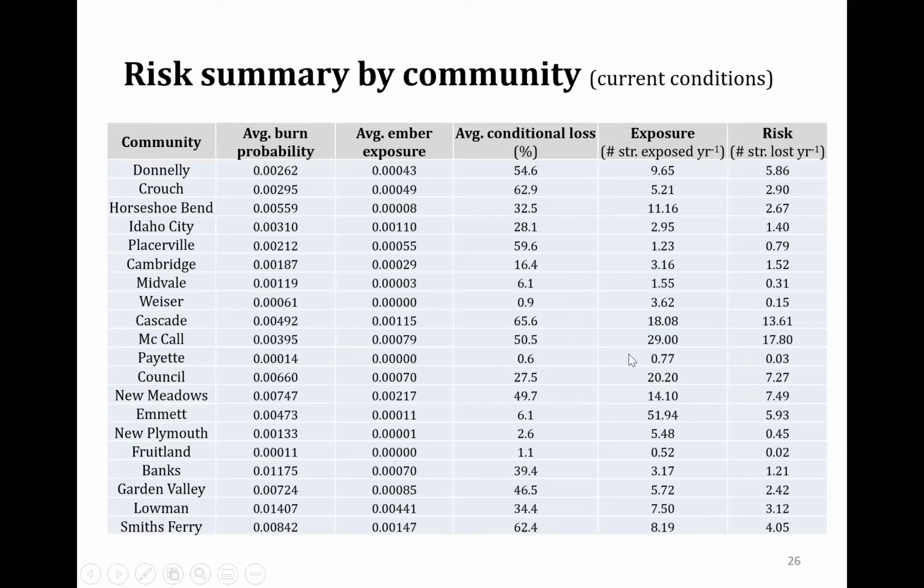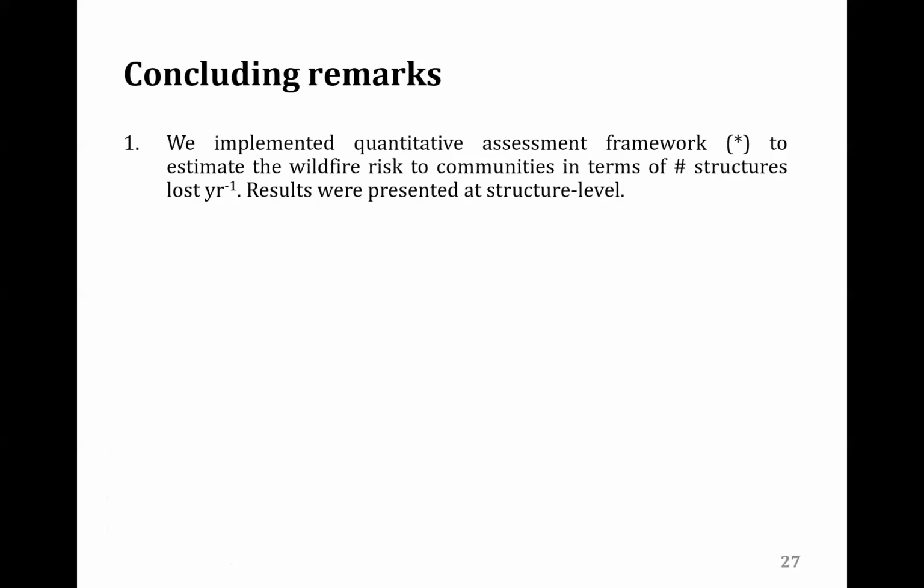Okay, just these key highlights and concluding remarks to finish with the presentation. First, we implemented a quantitative assessment framework to estimate the wildfire risk to communities in terms of the number of structures lost.